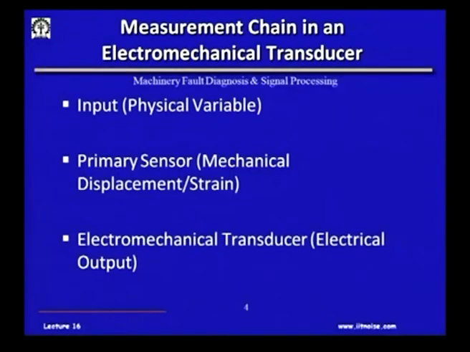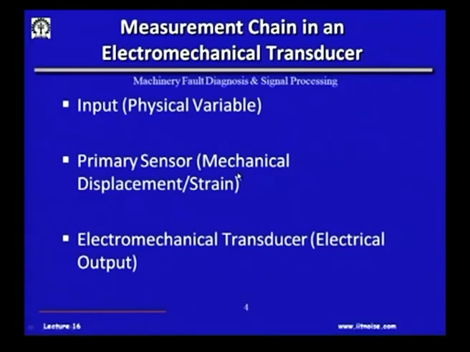But then these sensing elements, if I was to go back to the discussion of the pressure gauge, the measurement chain in an electromechanical transducer has these three. One is the physical variable. Physical variable could be the load force in the case of a load cell, pressure in the case of a pressure gauge, but the primary sensor is that mechanical displacement or strain.